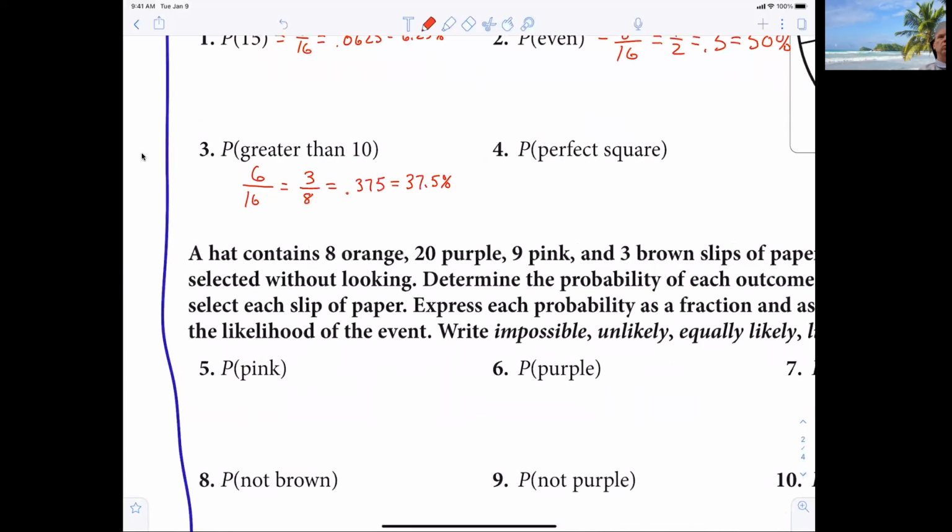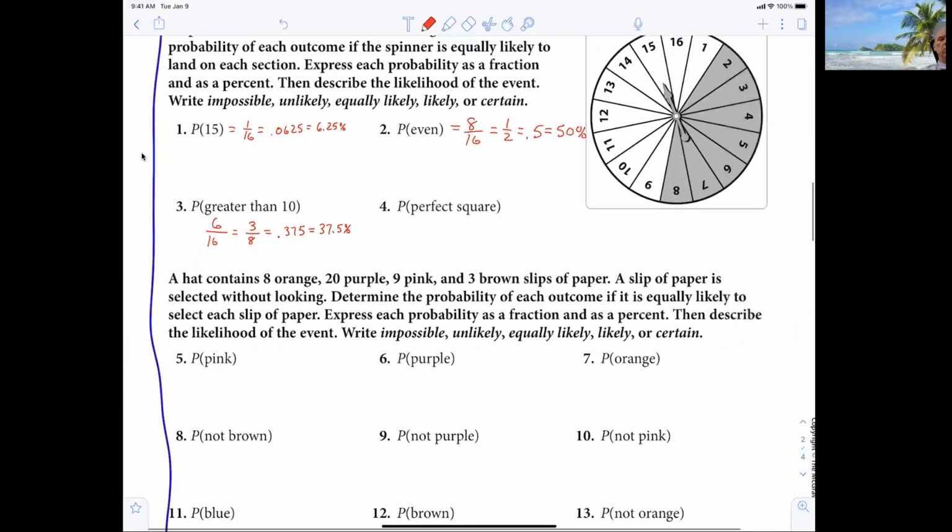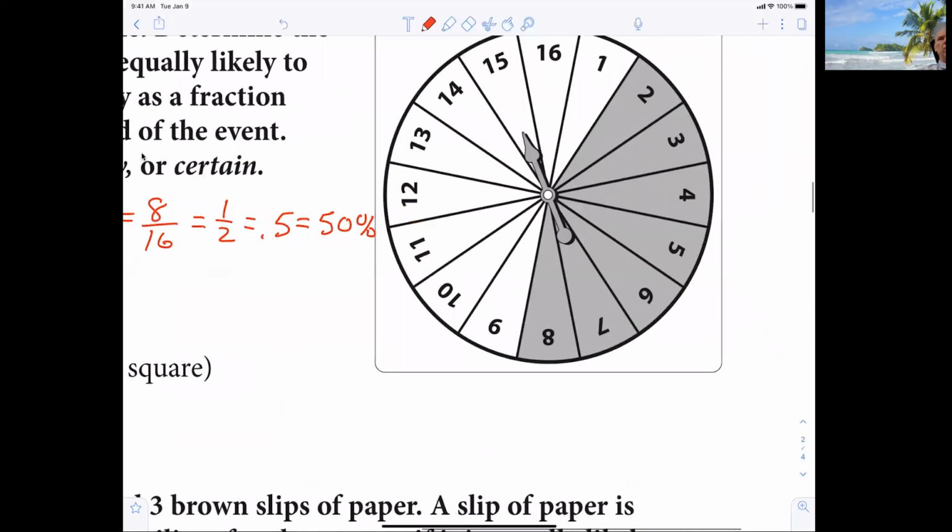Did you look up perfect squares? Good for you. Thank you. What is a perfect square? Okay, so that didn't really help me too much, right? So is 1 a perfect square?